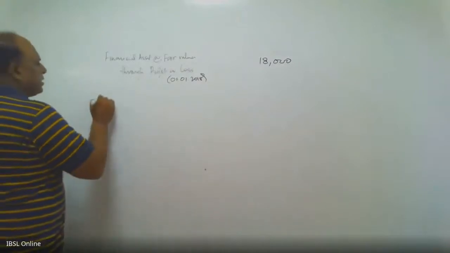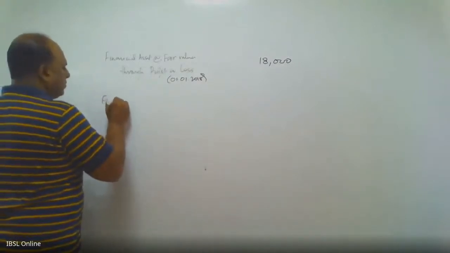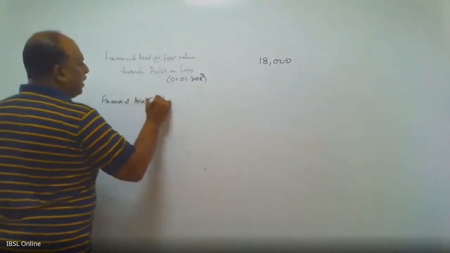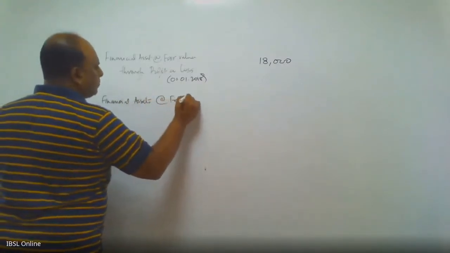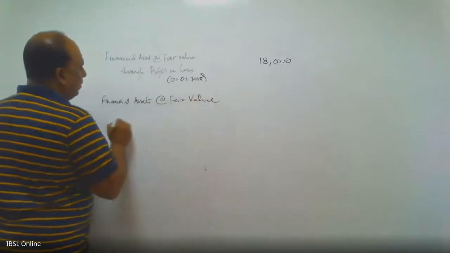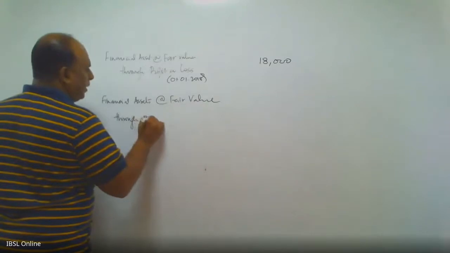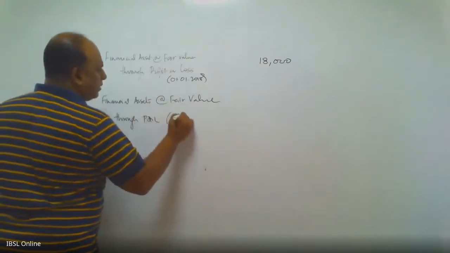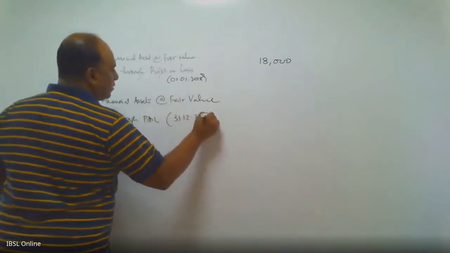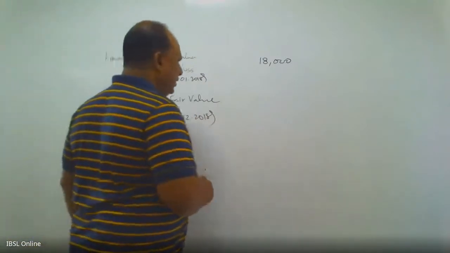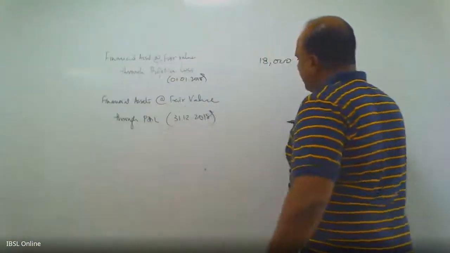So the financial asset at fair value through P&L as at 31/12/2018, what is the value? The value here is 16,000.